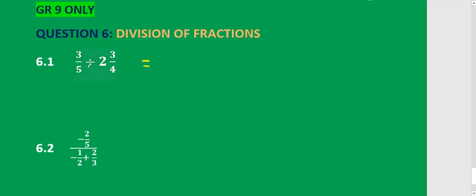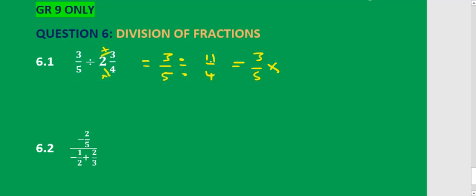And of course, the first thing that we want to do is we want to change the mixed fraction. So we say 4 times 2 is 8, and 8 plus 3 is 11 over 4. All right. So now, once we have converted the mixed fraction, we can now change the division into a multiplication, because division and multiplication are inverses.